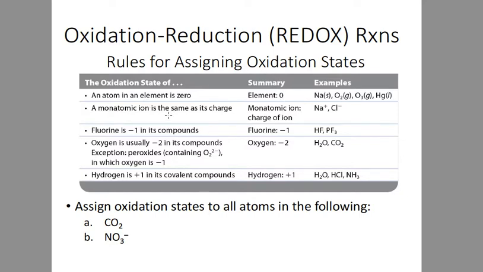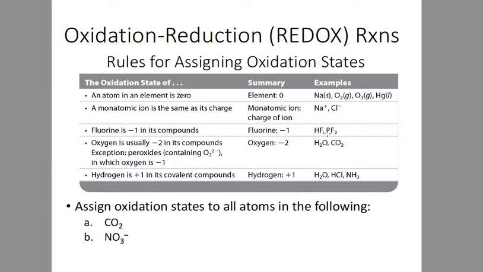If we have a monoatomic ion, right? So something like a sodium cation or a chloride anion, the charge associated with that ion is equal to the oxidation state number, plus or minus. For the purposes of our class, a fluorine, when it's in a compound, will always be a -1.